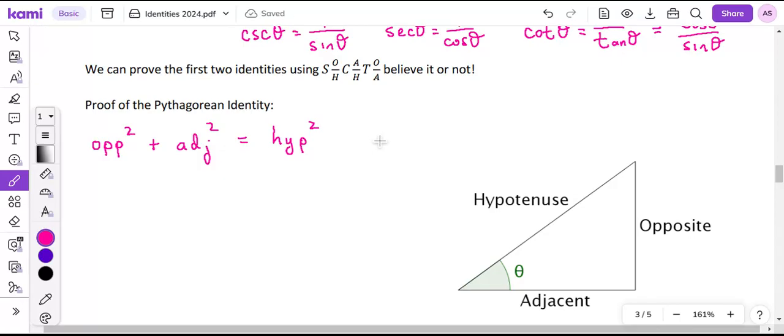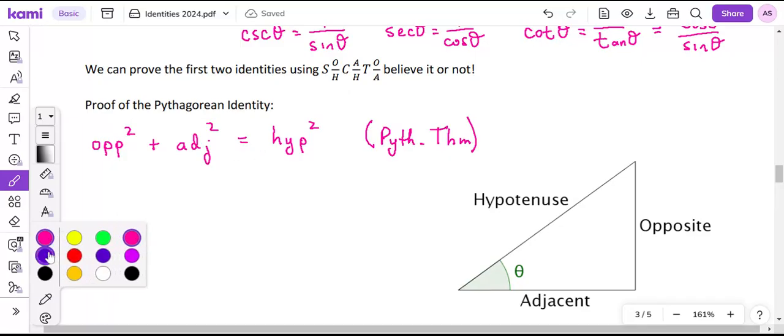Because that's just what the Pythagorean theorem says, right? I'm just going to make a little note in brackets that that's the Pythagorean theorem. But check this out. We're going to take each of those three terms, and I'm going to use a different color here, and divide each of those three terms by the hypotenuse squared.